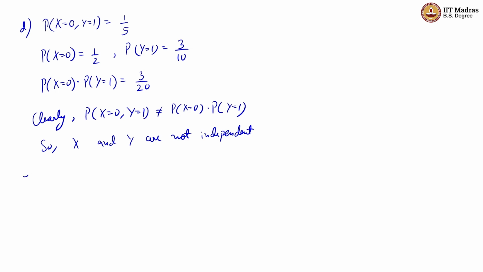So let us finally check last option. So in the last table, for all xy pair, the joint is equal to product of marginal.